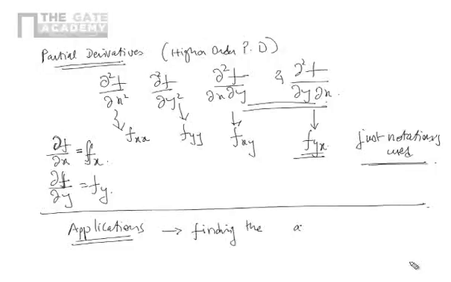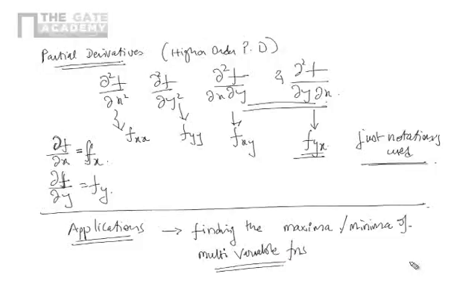the maxima or minima of multi-variable functions, because in real terms we will have multi-variable functions, and to find the maxima or minima of the functions, we need to use partial derivatives.